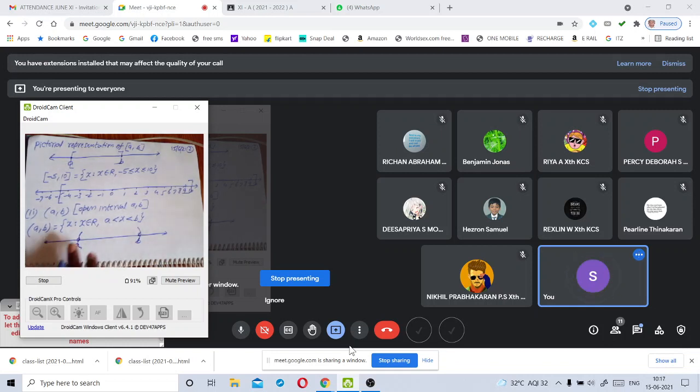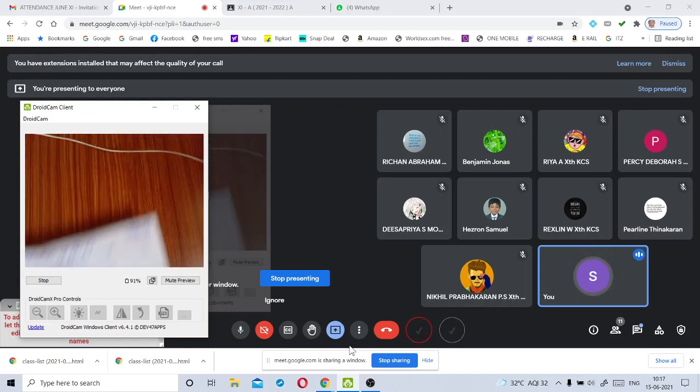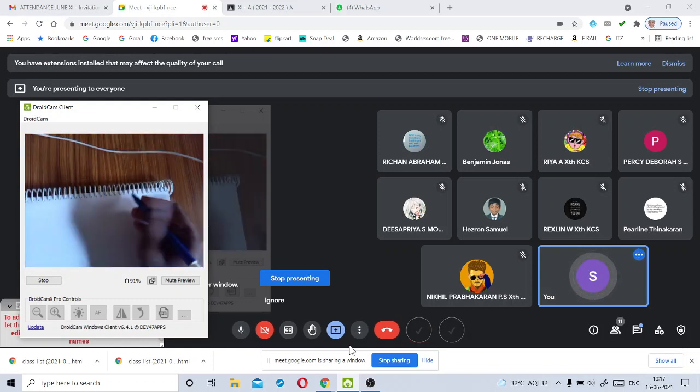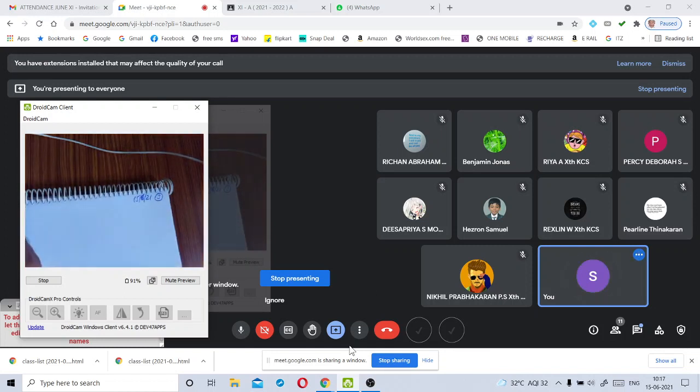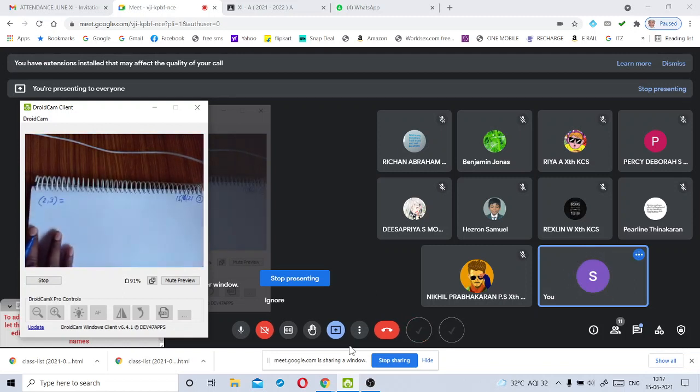For example, open interval 2 comma 3. How do you represent this set of real numbers? This is a set of real numbers, not an ordered pair. Don't be confused here, my children.